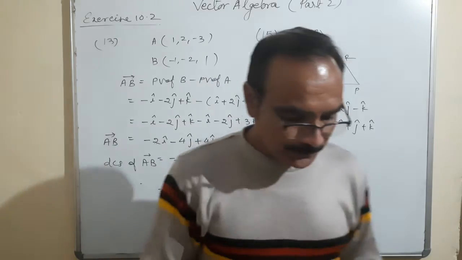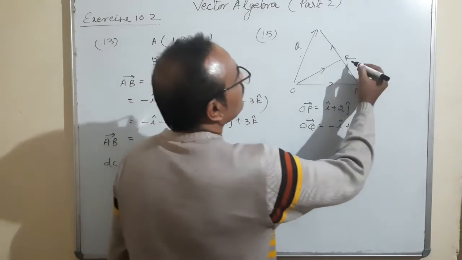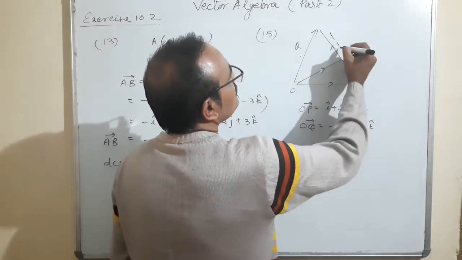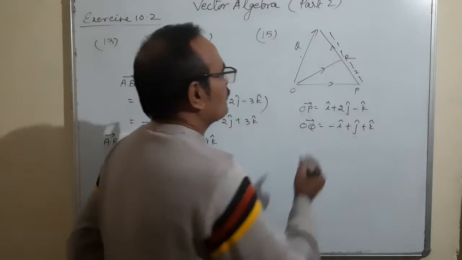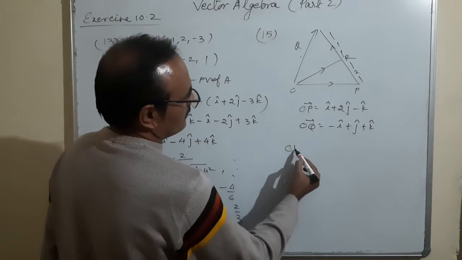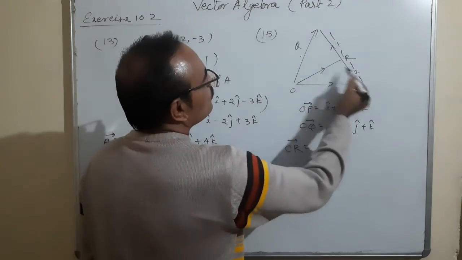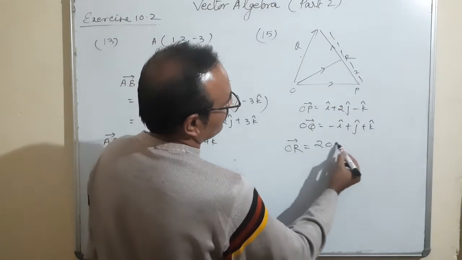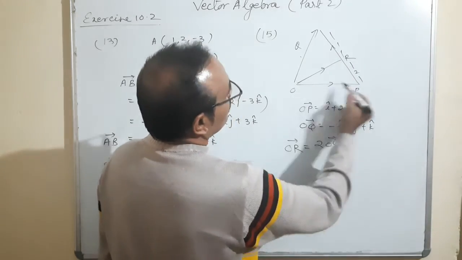Dividing in the ratio 2:1 internally. So this is 2, this is 1. So how to find OR? OR is equal to 2 multiplied by OQ plus 1 multiplied by OP.